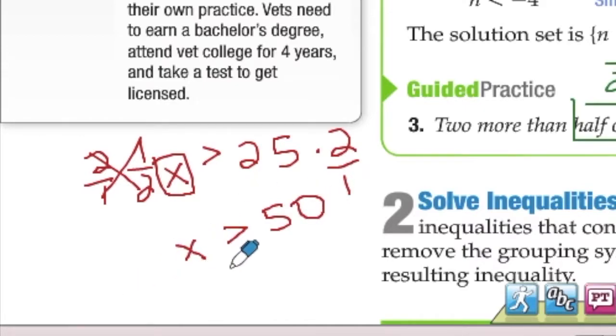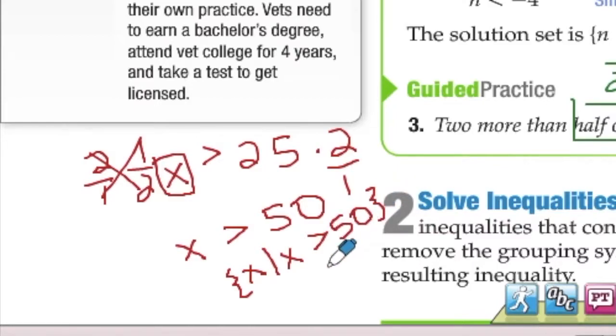And in solution set notation, I would do the brace, and I'd say x such that x is greater than 50. If I was asked to graph that on a number line, that would be an open circle at 50 with an arrow going to the right.